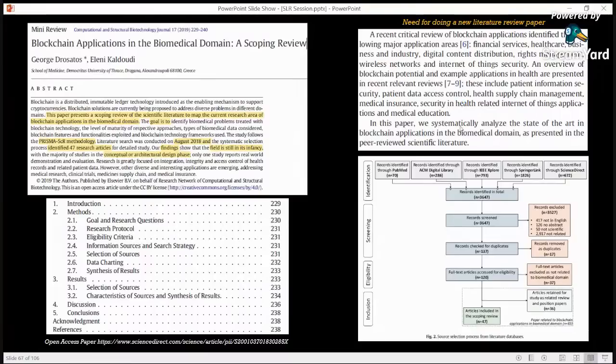In this paper, we systematically analyze the state of art in blockchain applications in biomedical domain as presented in the peer-reviewed scientific literature. So that is their justification of why they are doing this research. And this is a flow chart that shows their research process. So they selected papers from a number of different databases, how they applied their criteria, and finally got the papers that they included in this review.